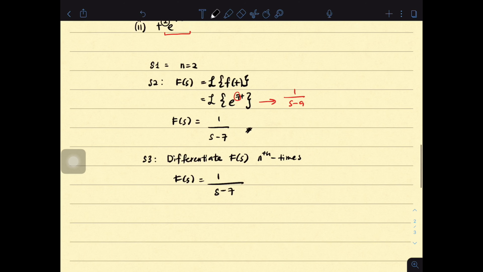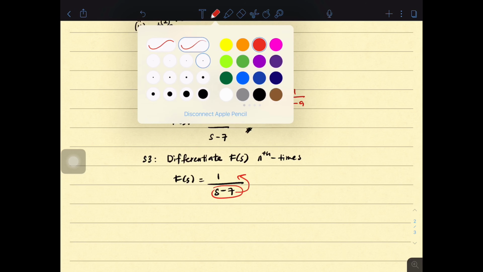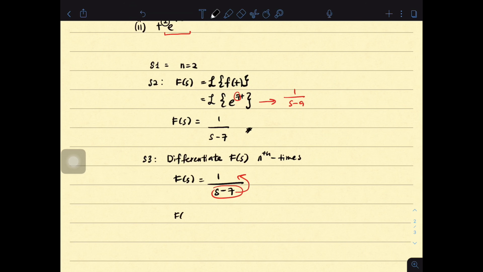To differentiate, you can bring the denominator up into the numerator, so F(s) equals (s minus 7) to the power of negative 1. Differentiating, F prime of s is negative 1 times (s minus 7) to the power of negative 2, times 1. Therefore you have negative (s minus 7) to the power of negative 2.